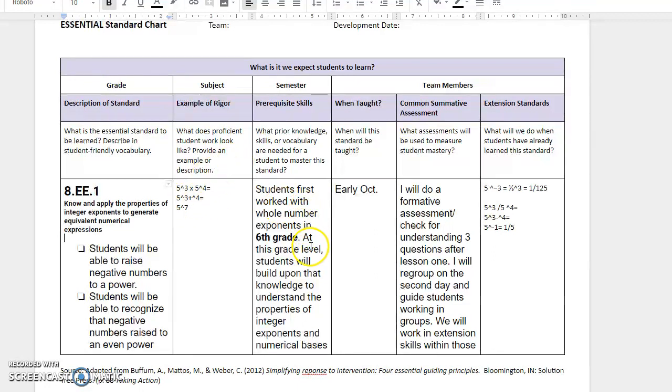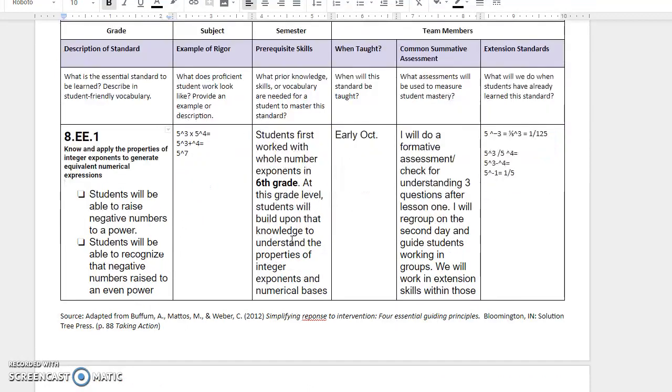Prerequisite skills. I dove into some earlier standards. Students first work with whole number exponents in 6th grade, so knowing that prerequisite skill helps us. When we take these essential standard charts and vertically align them with the middle school, we're able to have those conversations about when this occurred and how deep it is on their essential chart.